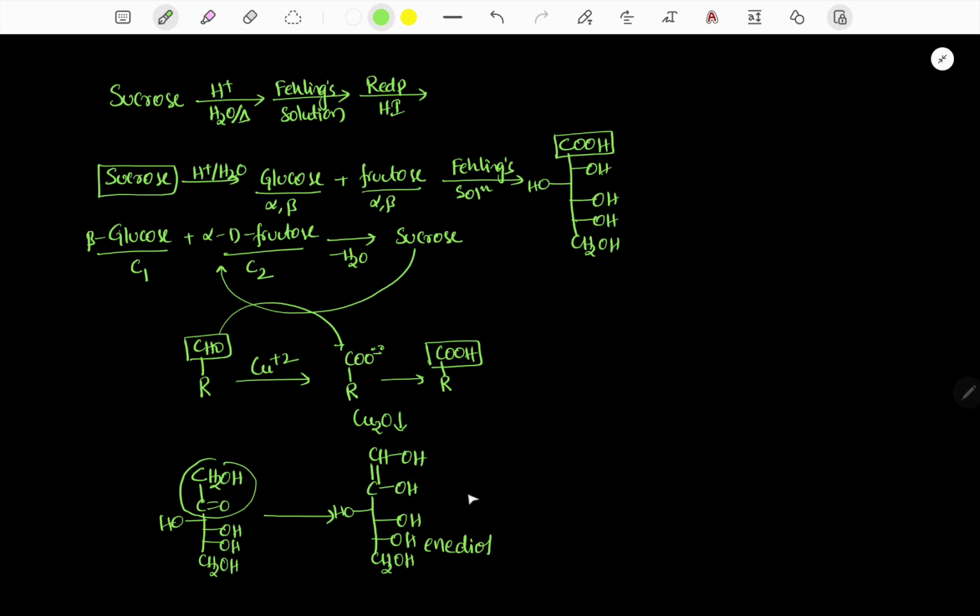It is an alkene and diol. Now it undergoes tautomerization. It gives two types of compounds, because this hydrogen attacks this carbon from above the plane or from below the plane. Therefore we get two compounds. Here hydrogen on the left side, it is glucose, and of course we also get mannose.